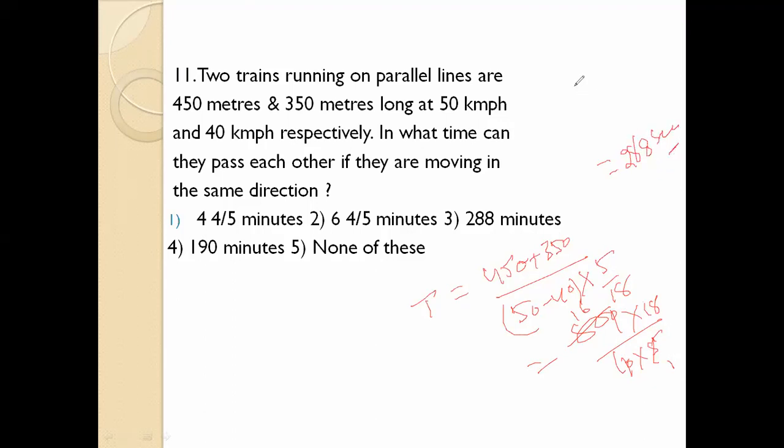We convert this into minutes. 288 by 60. 6 fours are 24, 240, carry 48. 48 by 60, 12 fours are 48, 12 fives are 60. So 4 by 5 minutes. Option number 1 is the right answer.